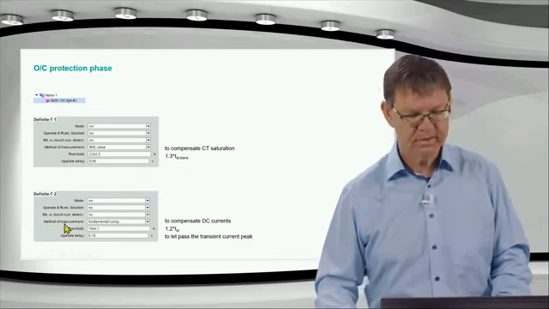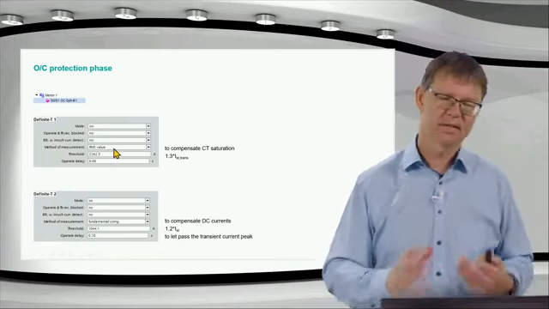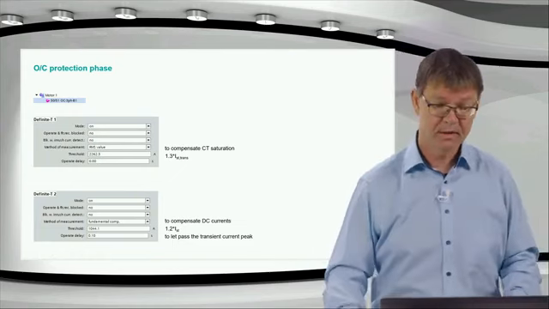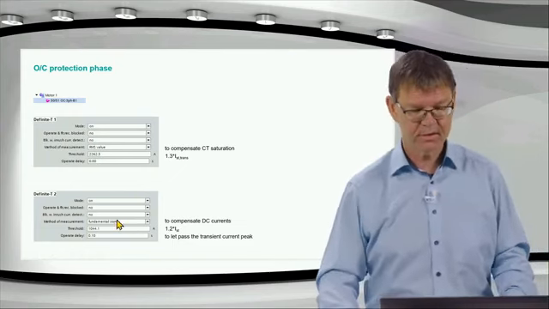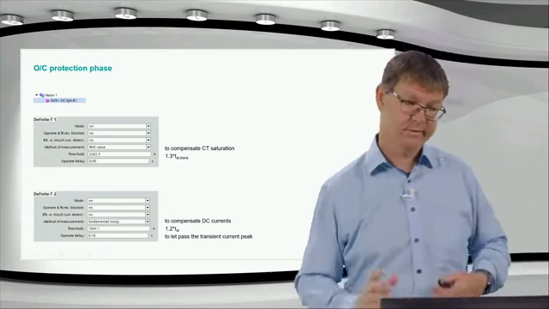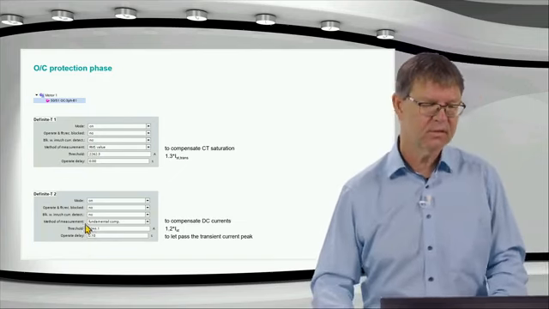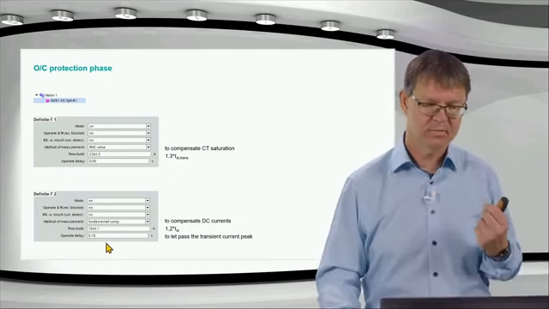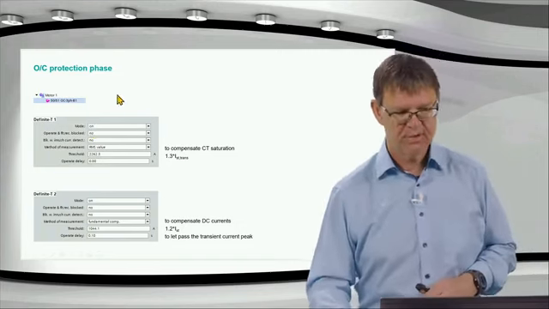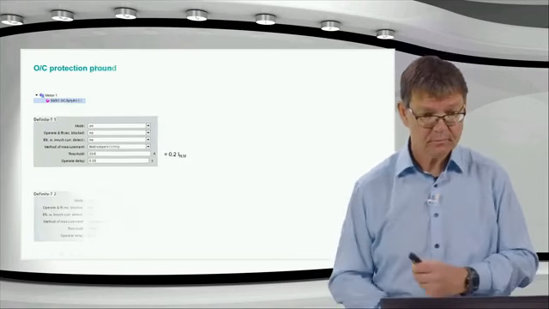Here I use the fundamental component, whereas here I use the RMS value. This is to compensate some saturation effects, which could make the current smaller. And this is to filter out any DC component, which could give me a wrong image of the starting current. The operator delay here is important: a certain delay time to let the peak inrush current pass, for which this stage is responsible at the end.